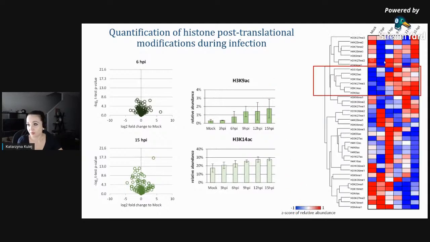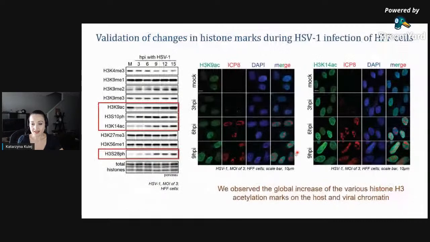Within the same cluster where these acetylations were found, we also identified phosphorylations on histone H3 S10. So we decided to validate them by Western blot, and you can see a very nice monotonic increase in all cases. We also looked at S28, with a similar function to S10. It's very hard to capture by MS due to its low abundance.